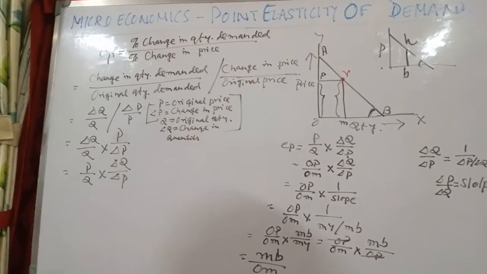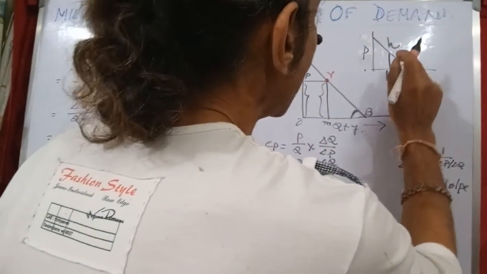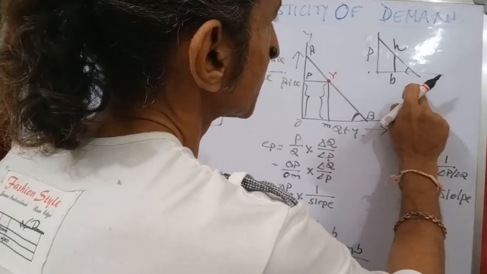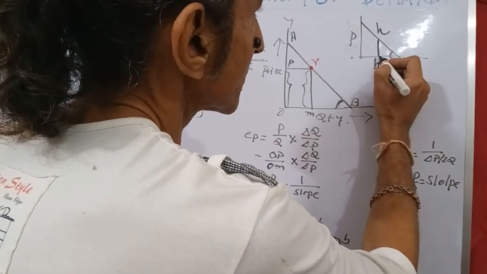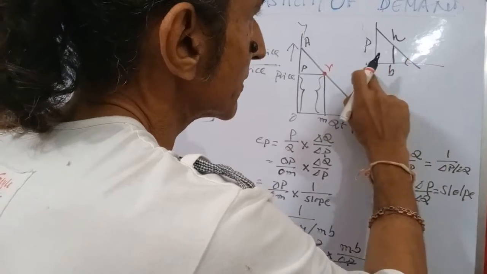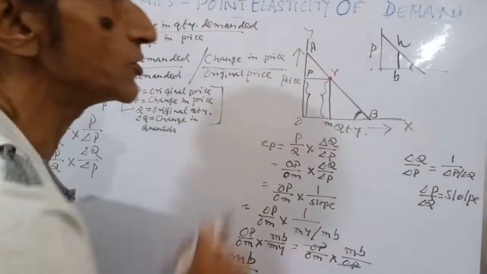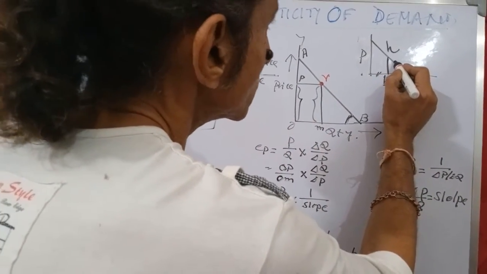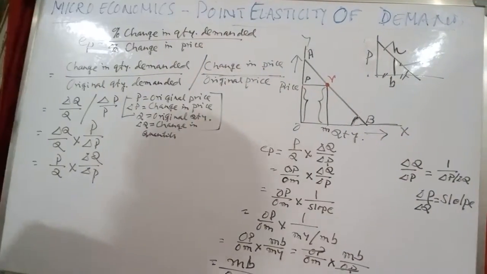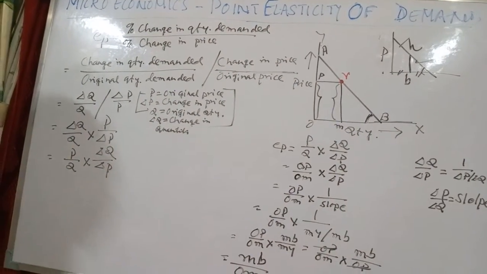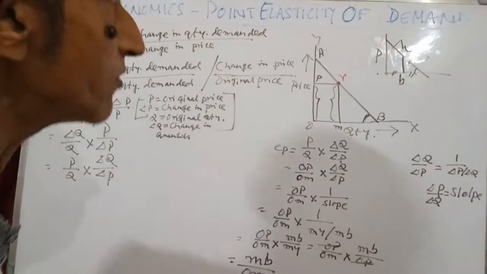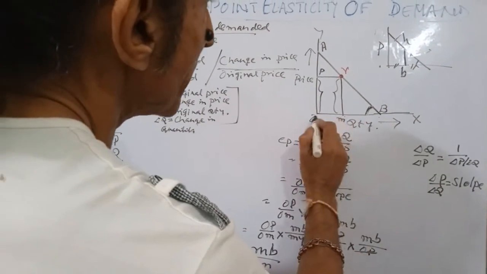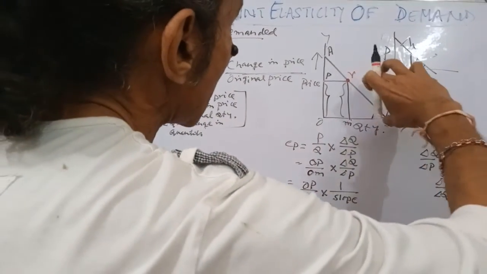So when a perpendicular is drawn from any point on hypotenuse on the base, then that line cuts the hypotenuse and the base in same ratio. That means this divided by this will be equal to this divided by this. This is a property of right angled triangle. Therefore MB by OM equals RB by AR.